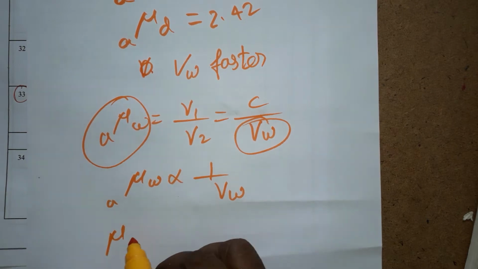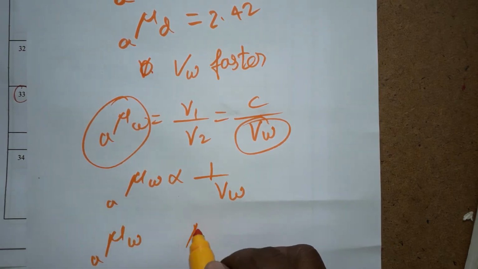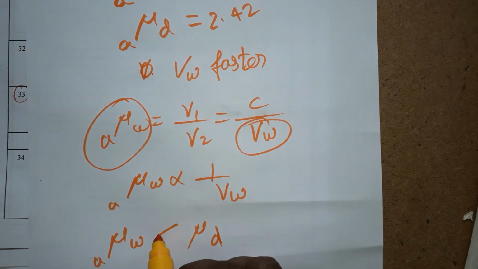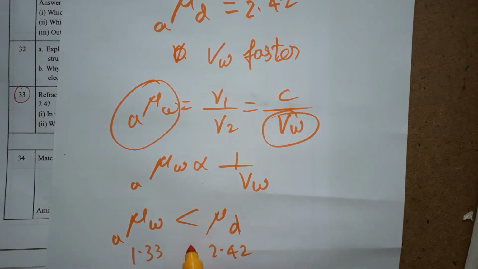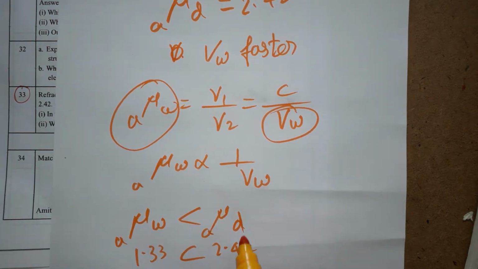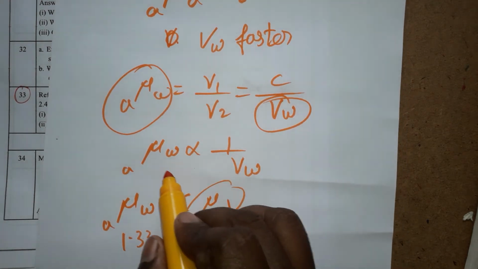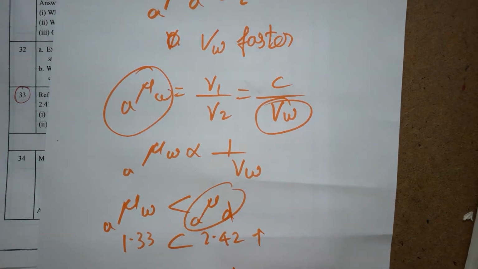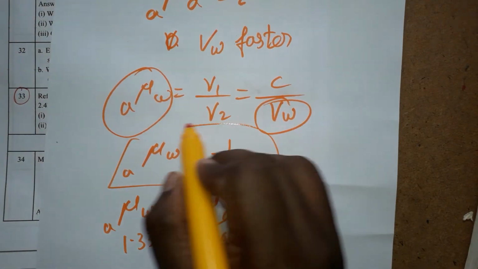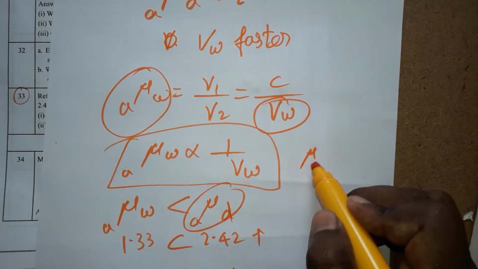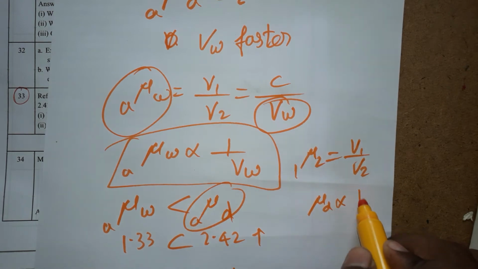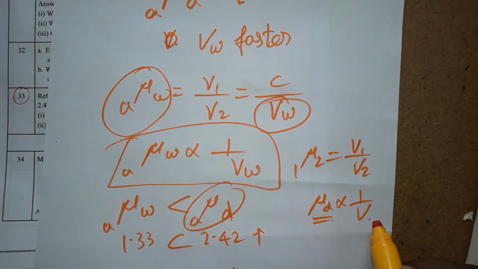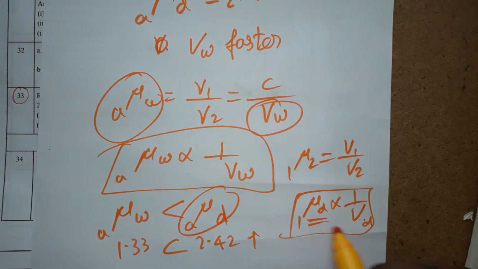As we know, the refractive index of water is 1.33 and of diamond is 2.42. The refractive index of diamond is greater than that of water. The more the refractive index, the less the velocity, because refractive index and velocity are inversely proportional.